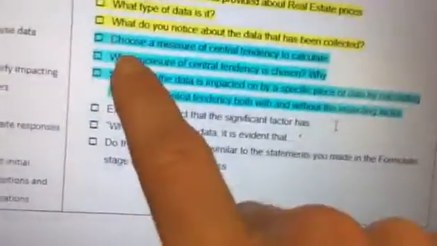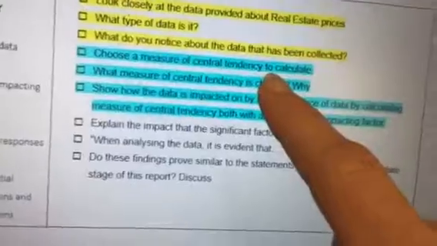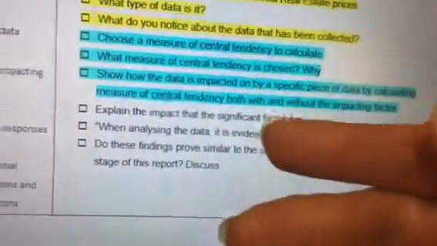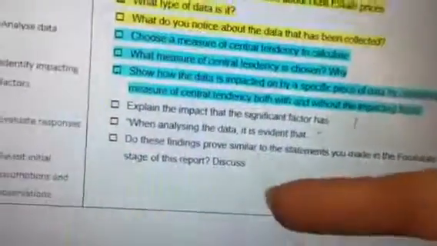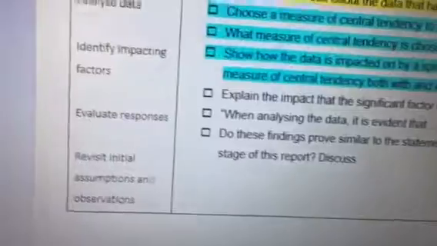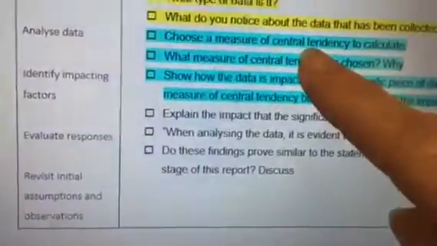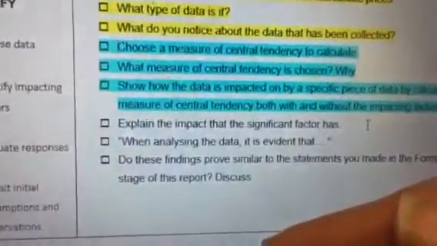If you don't know which one to choose, you're going to have to calculate all of them: mean, median and mode. If you have sort of cottoned on in class and you've heard or learnt or seen that there's one measure of central tendency that is the most impacted on when there is a significantly different number.